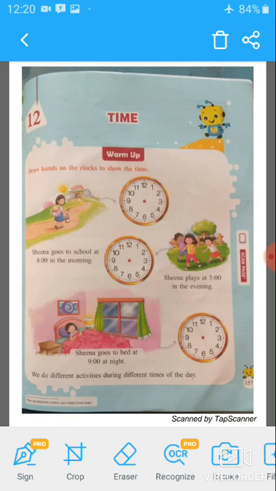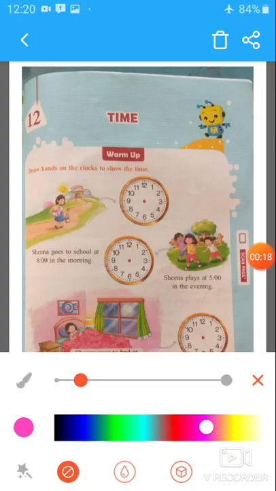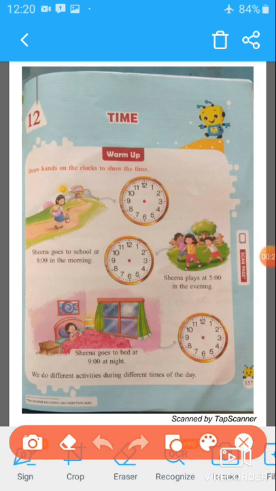So, this is your subject teacher of mathematics, and today I am here again with a revision of Unit 12, that is time. So, students, first of all, do you know what this is? Right, this is a clock, and it is used to know the time.